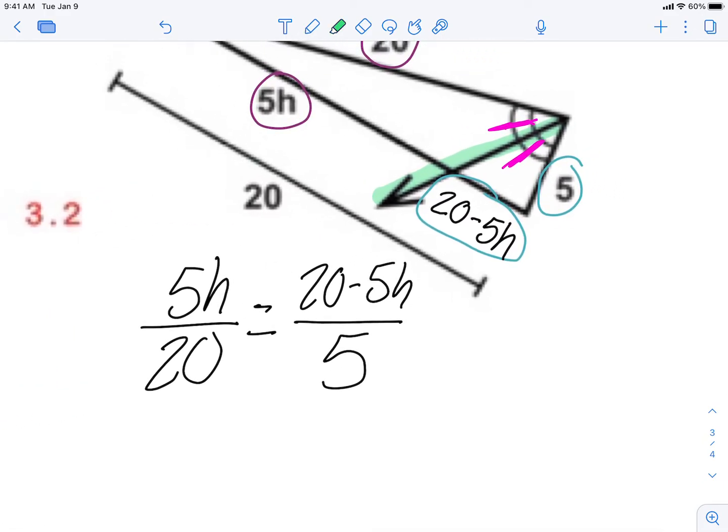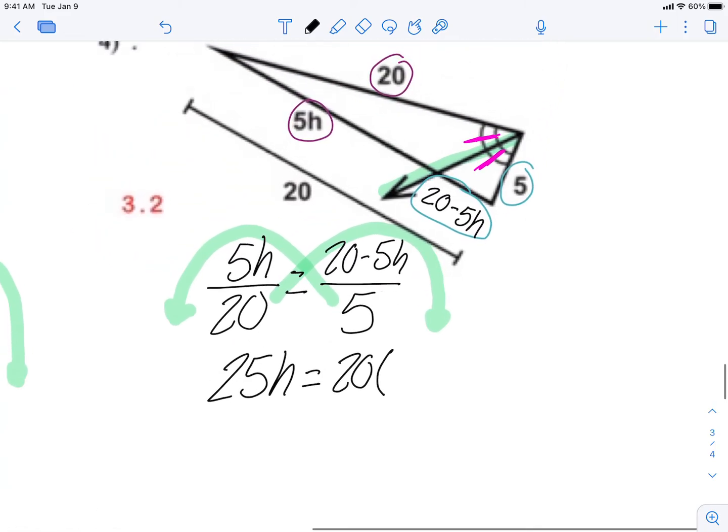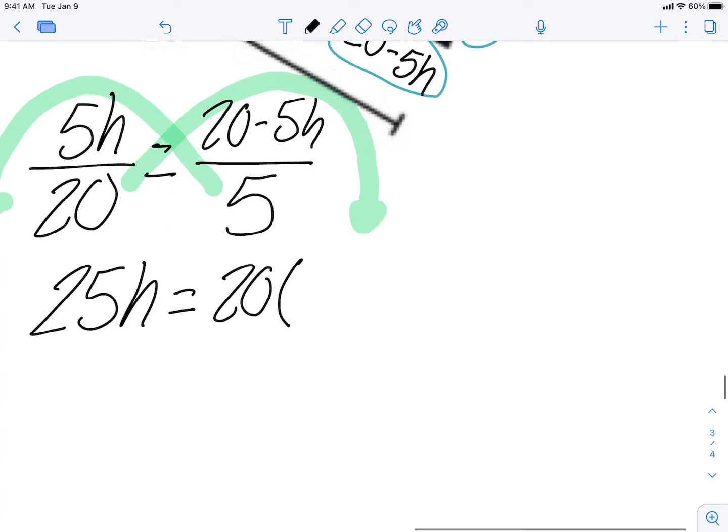So once again, I butterfly multiply that way and butterfly multiply that way. 5 times 5h is 25h, which is equal to 20 times 20 minus 5h, like this.